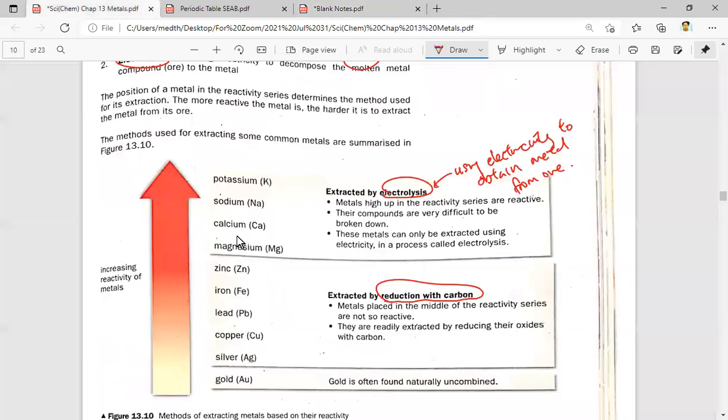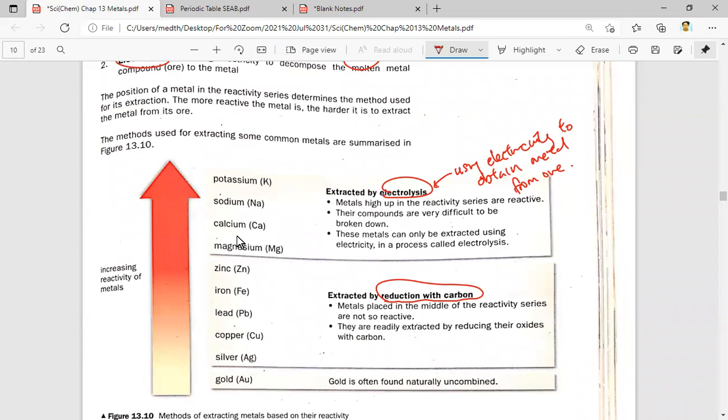So the reason why there's this split, some electrolysis, some reduction by carbon, is that I can use reduction by carbon for those below carbon. Those above carbon, I must use electrolysis. Now, of course, the main question is, why don't we use electrolysis for everything?